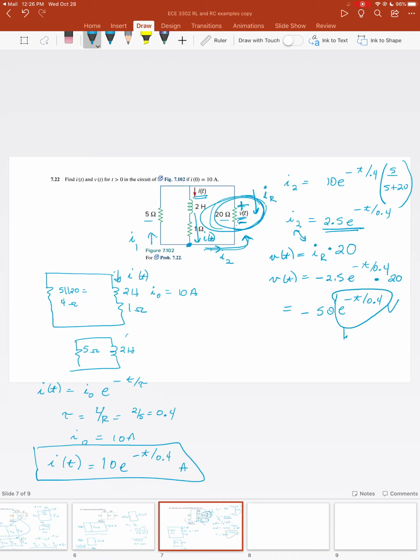So one thing that I want you to notice is this e to the minus t over 0.4 term. That's going to be common for all currents and voltages. So in other words, if one part of your circuit, like this inductor current that we solved for, behaves in a transient fashion, then every part of the circuit behaves in a transient fashion.